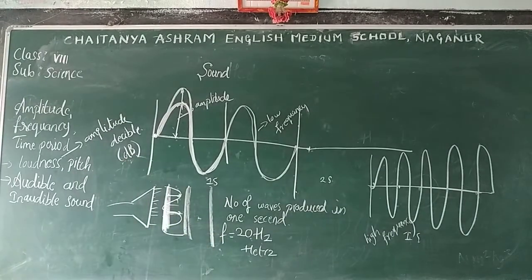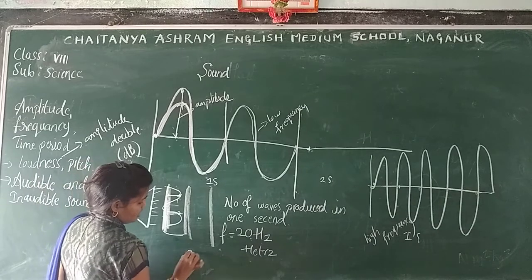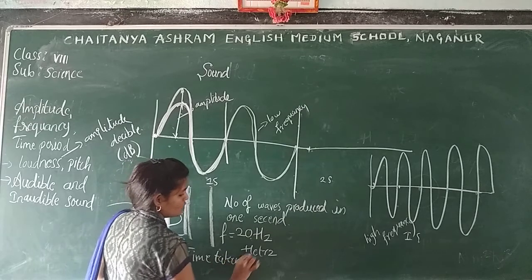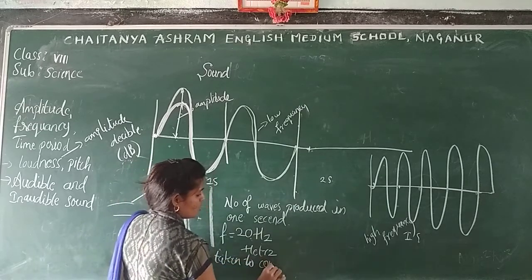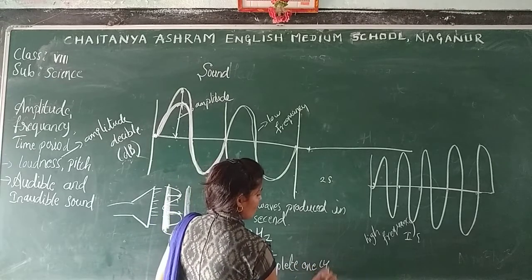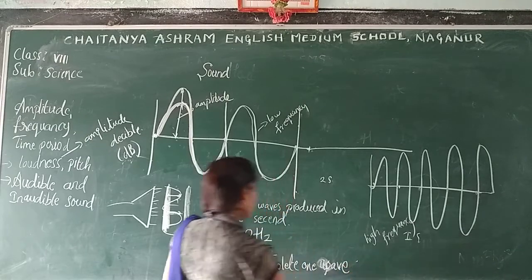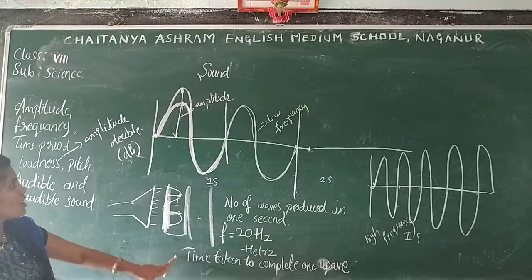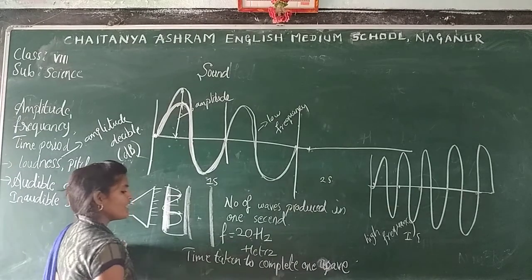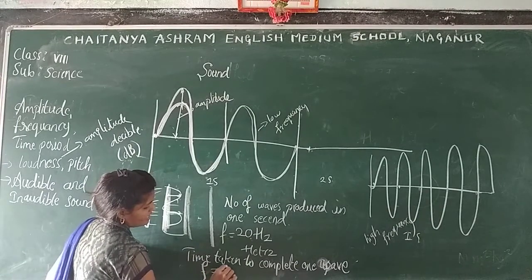Time period means the time taken to complete one cycle or one wave. So time period and frequency have a relation like this.